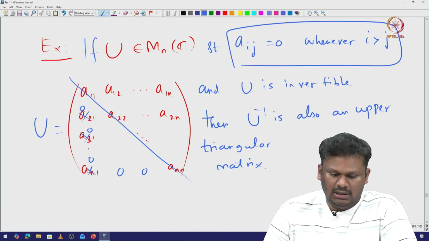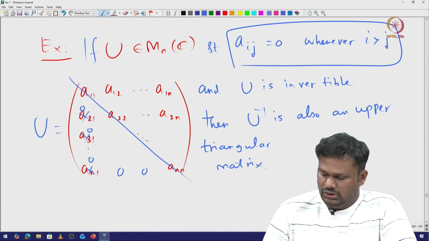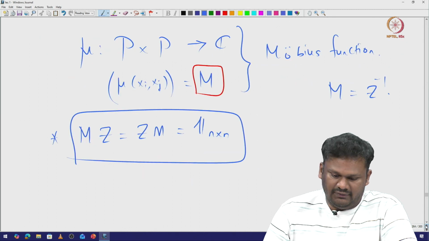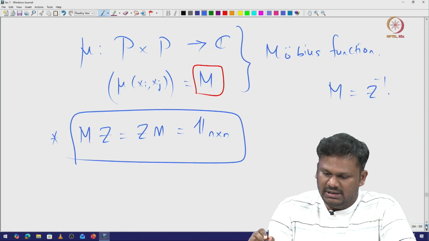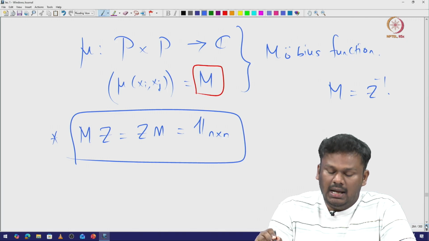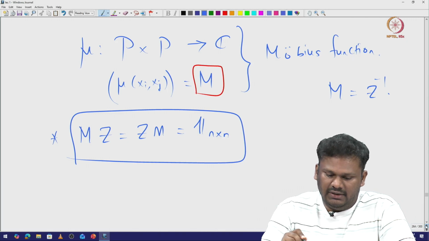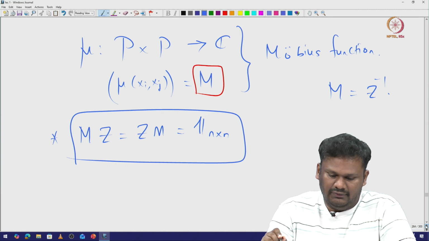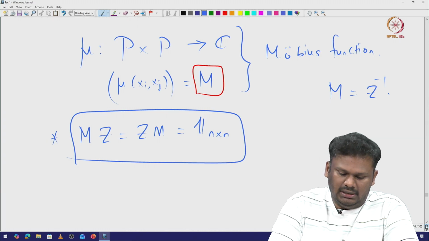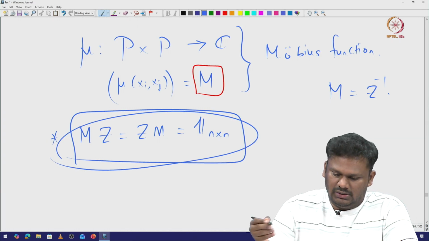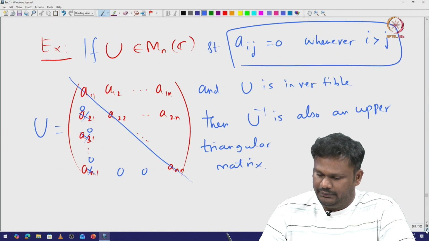Now, in this situation we are going to directly verify why the Möbius function matrix is upper triangular, and along the way we will also verify the defining property of this Möbius function. So, we are going to just spell it out.